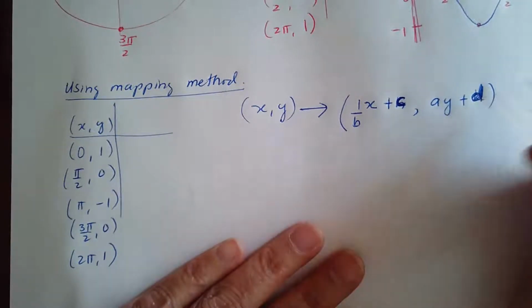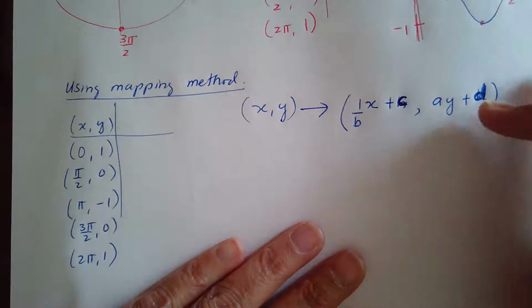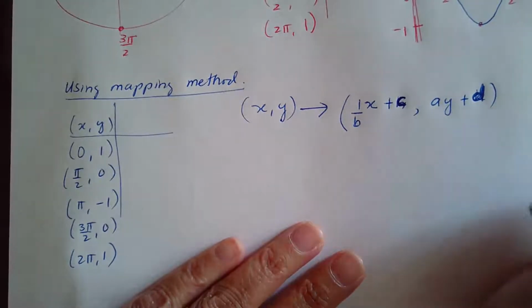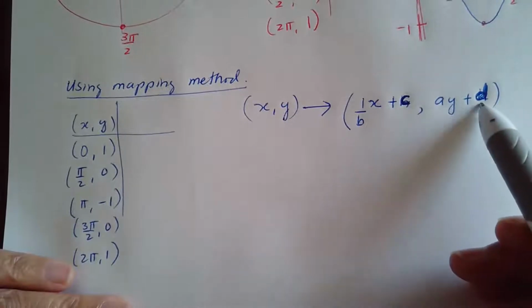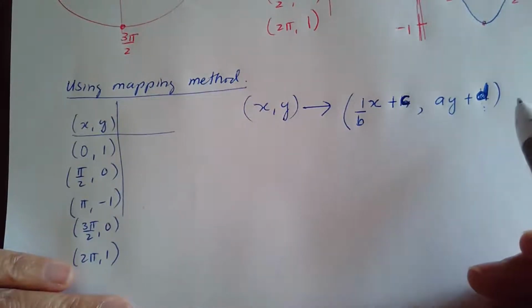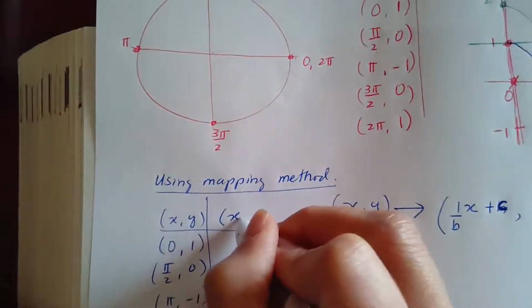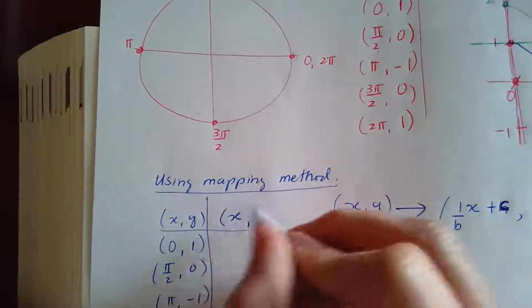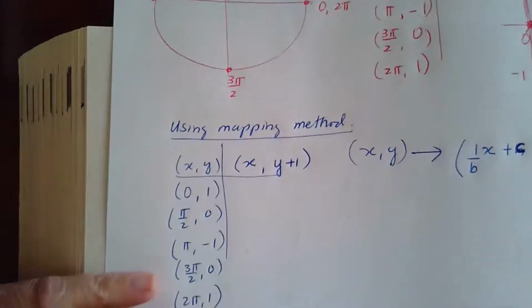It doesn't really matter, it's just the letters. In this particular case, the only thing that changed is the d value, which is 1. Everything else stays the same, so it's going to be x and then y plus 1.